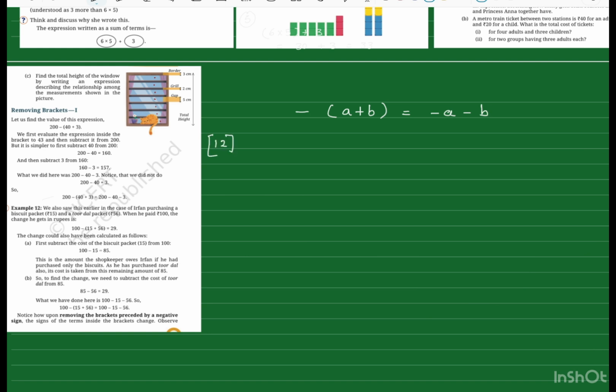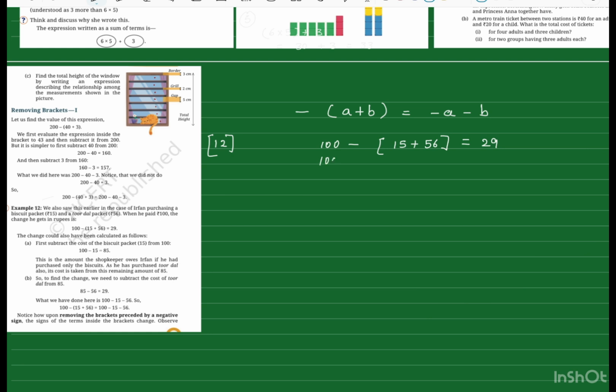Example 12. We also saw this earlier in the case of Irfan purchasing a biscuit packet of rupees 15 and a tur dal packet of rupees 56. When he paid rupees 100, the change he gets in rupees is 100 minus, in brackets, 15 plus 56, that is equal to 29.